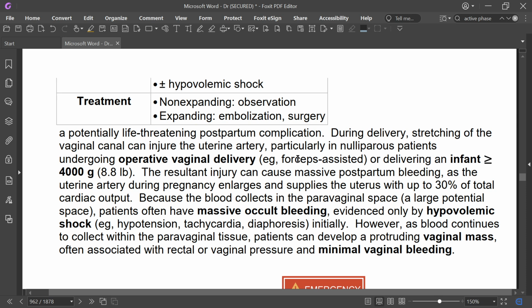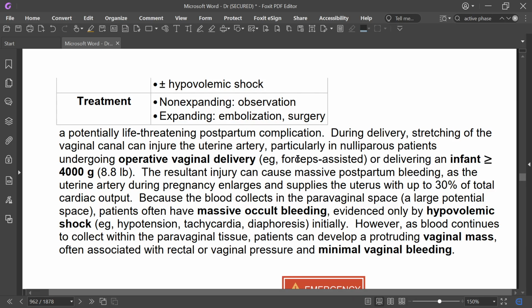The resultant injury can cause massive postpartum bleeding, as the artery during pregnancy enlarges and supplies up to 30% of the total cardiac output.